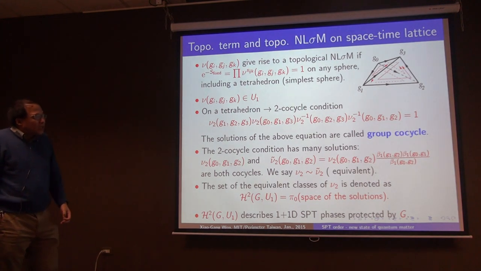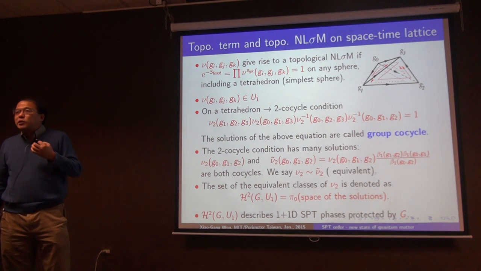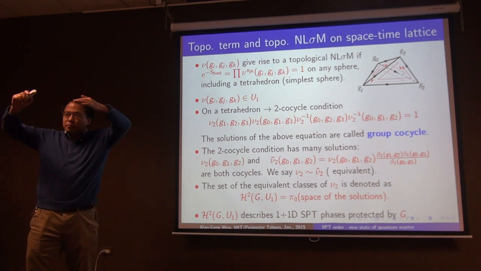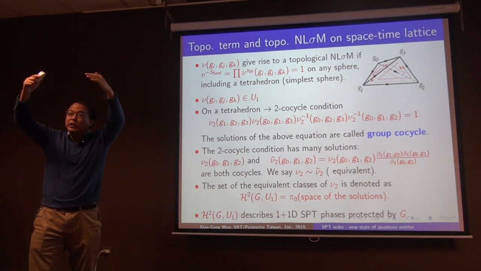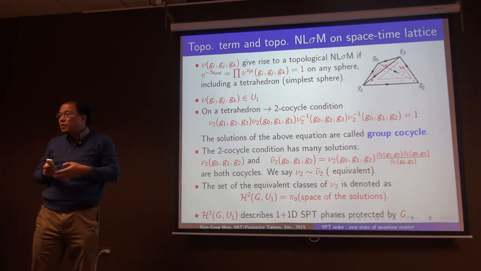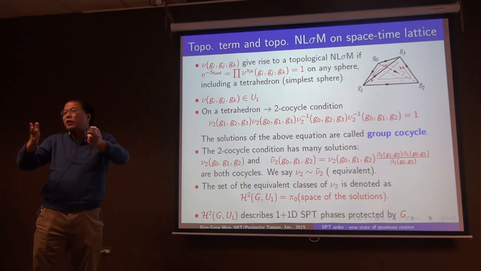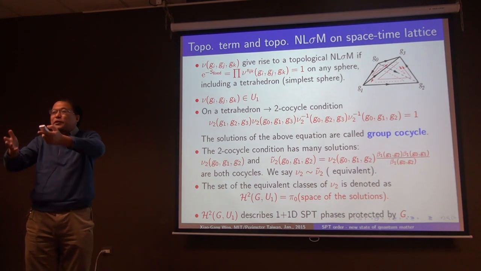Okay. But however, these topological terms are not quantized. What I try to say is that many different topological terms can be continuously connected. If two topological terms can be continuously connected, we should not say these two topological terms describe different phases.